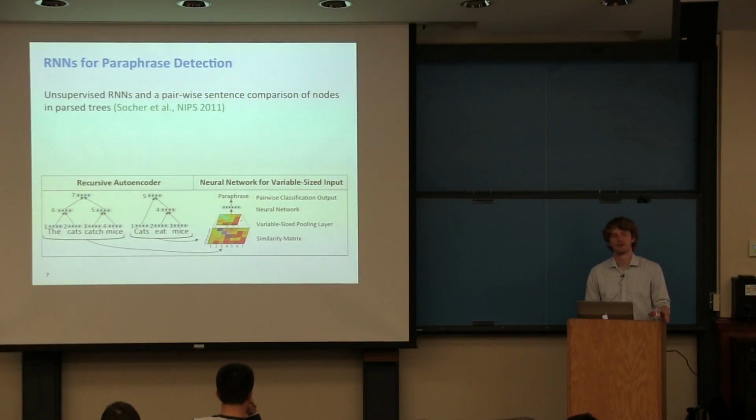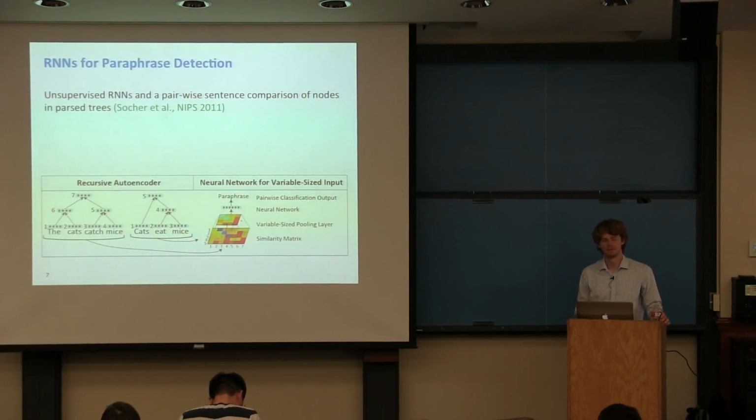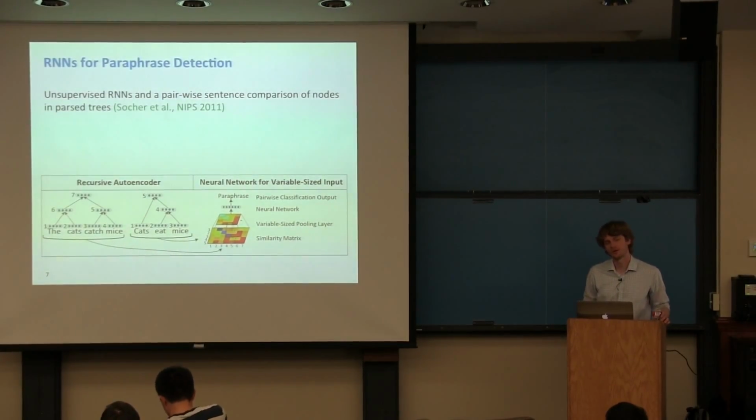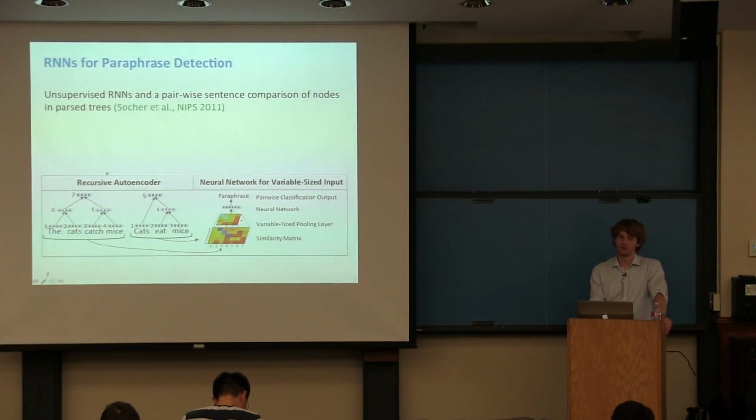Yeah? I'm curious, so the recursive model generates the parse tree, is it pre-trained for some other task? Is it pre-trained for some other task, or do you initialize it randomly? That's a great question. So the question is, are the tree structures fixed or are they dependent on this task?